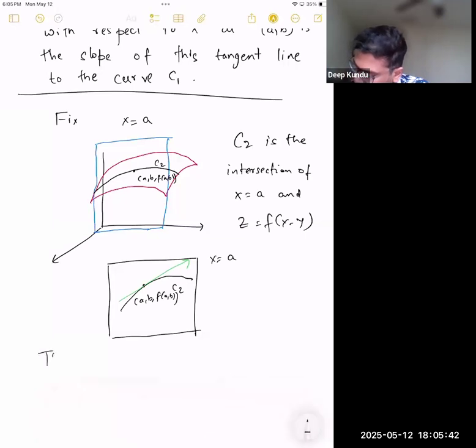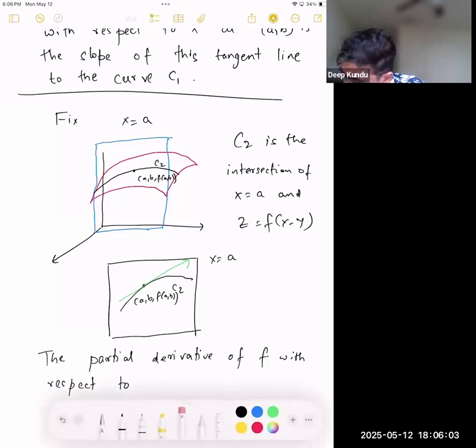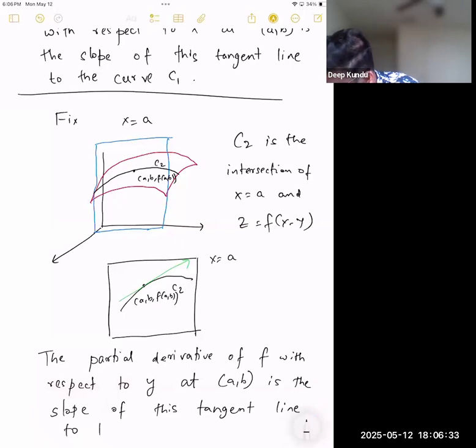So the partial derivative of f with respect to y at the point (a, b) is the slope of this tangent line to the curve C2 at this point, (a, b, f of (a, b)).